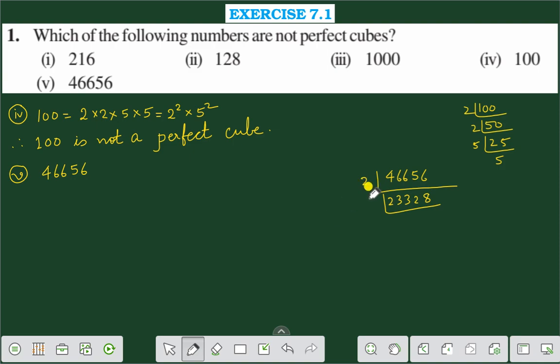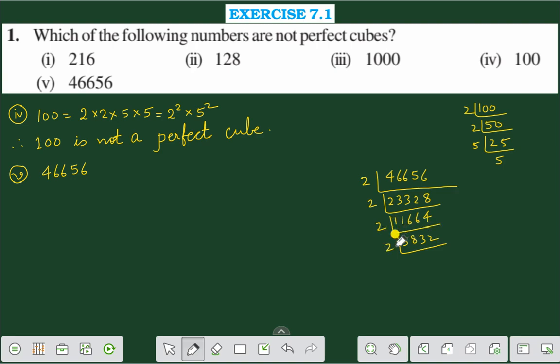Again divided by 2, that is 11664. Again divided by 2, that is 5832.